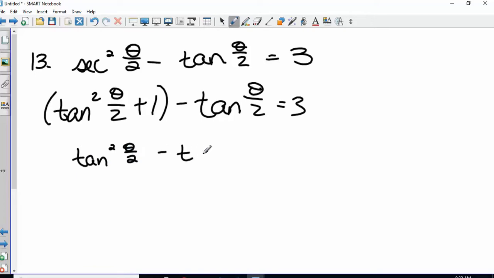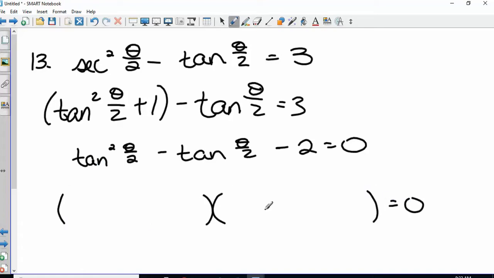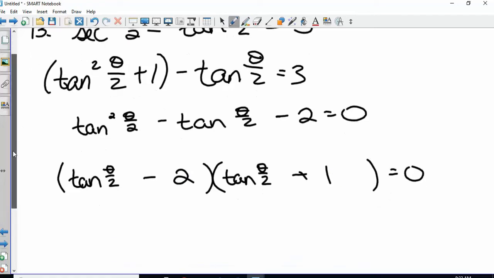If we reorder this, this is tangent squared theta over 2 minus tangent theta over 2. If I subtract over my 3, 1 minus 3 is negative 2. So now I can do box method. Tangent squared would just break into tangent times tangent, and we need two numbers that multiply to negative 2 and add to negative 1.